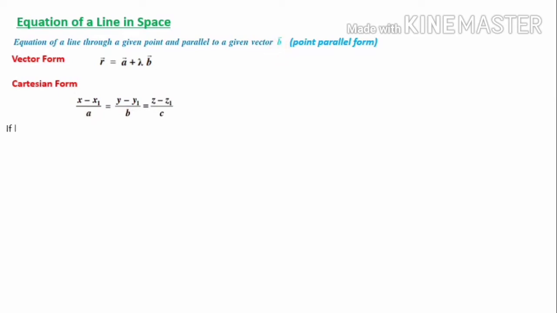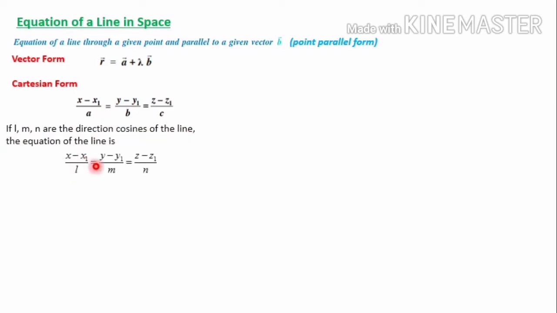And please note that if L, M and N are the direction cosines of the line, the equation of the line is x minus x1 by L is equal to y minus y1 by M is equal to z minus z1 by N. While writing Cartesian form, if the direction ratios of the parallel vector are given to you, then we can use this formula x minus x1 by a equal to y minus y1 by b equal to z minus z1 by c.